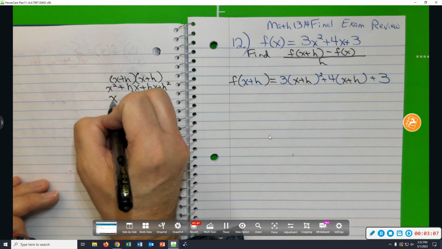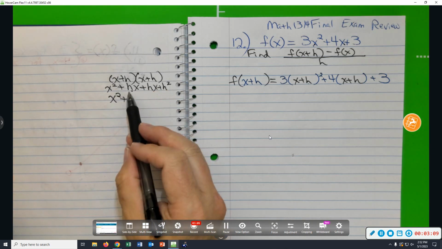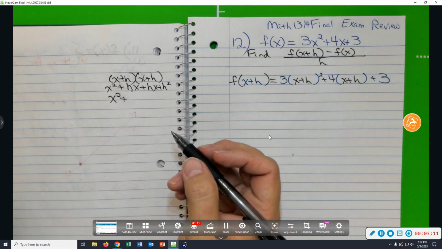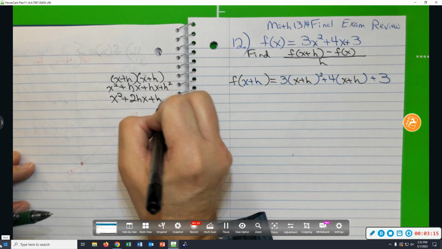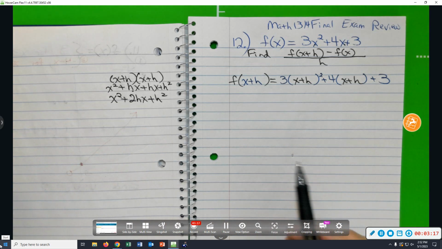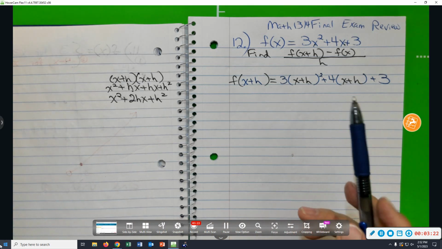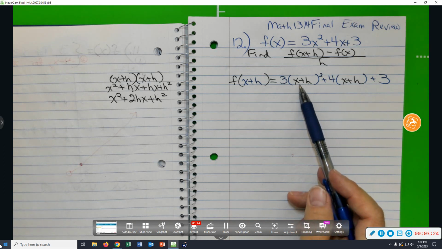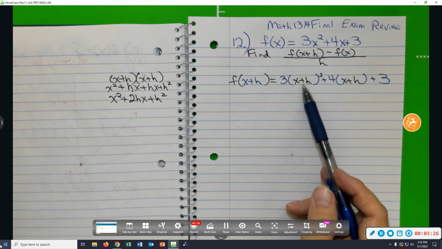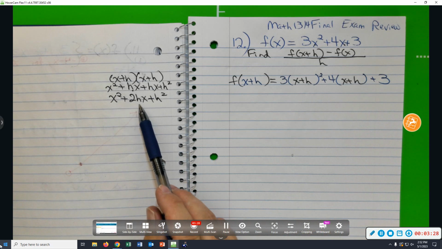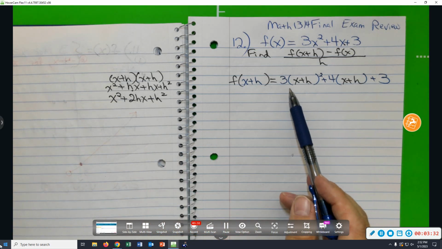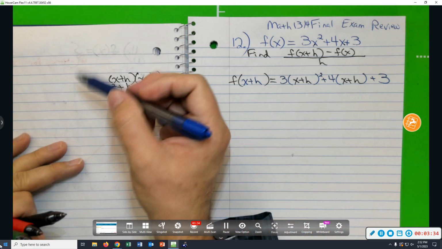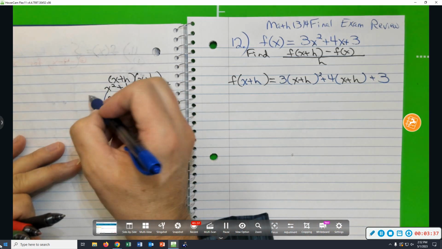So we have x squared plus hx plus hx is 2hx plus h squared. And so we've just squared the x plus h. We got x squared plus 2hx plus h squared. We have something else sitting there though. What is it? The 3. Distribute through the 3.